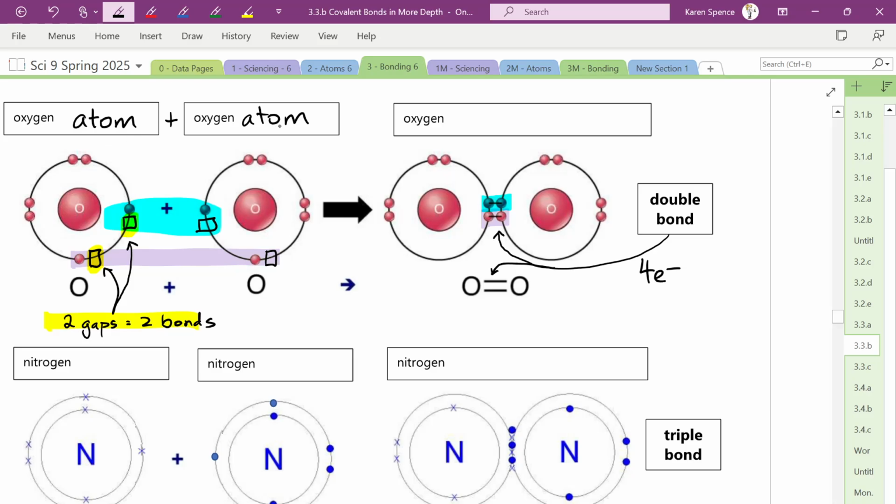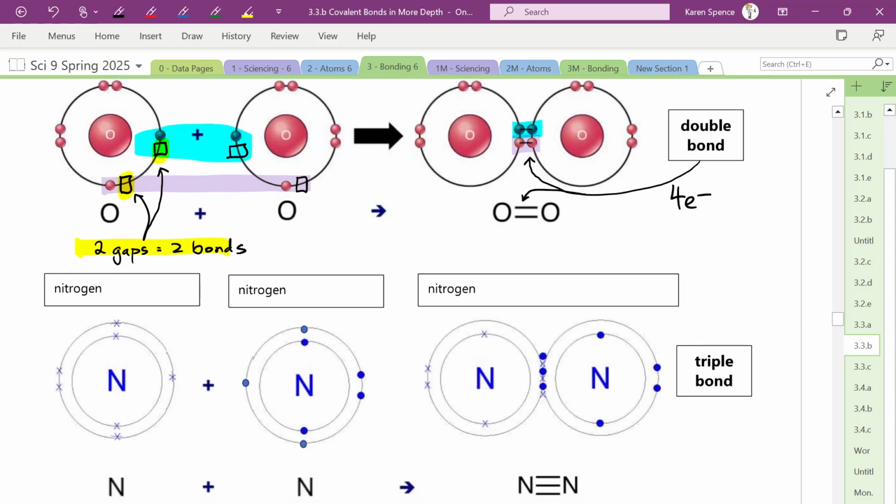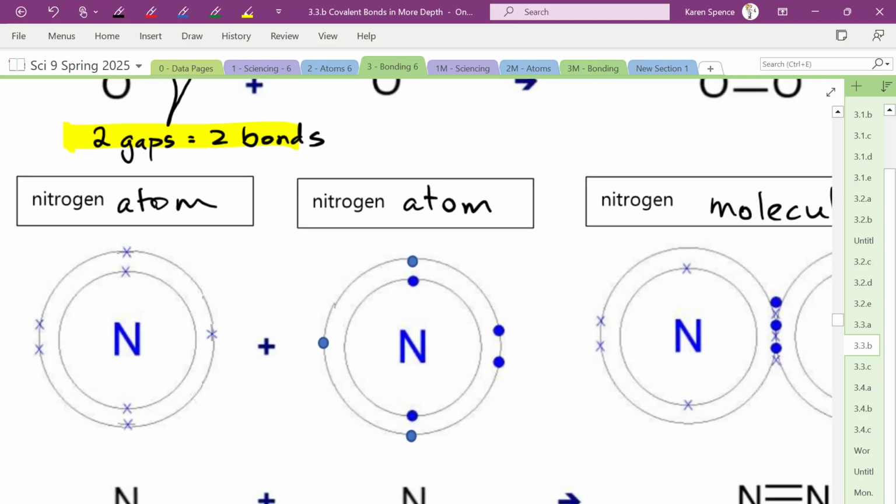An oxygen atom and an oxygen atom get together, and they form an oxygen molecule. A nitrogen atom and a nitrogen atom get together and they form a nitrogen molecule. And there is a lot of sharing going on in this nitrogen molecule because we have 1, 2, 3 gaps.